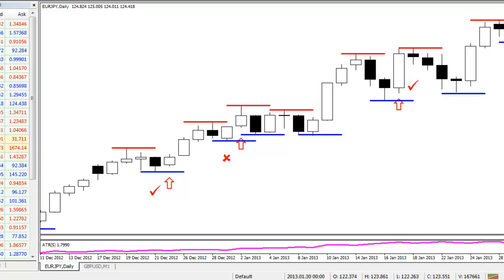So this is our entry bar, or our entry candle, and our stop loss again is going to go about 12 pips underneath here now. So we'll mark the entry point, we'll mark the stop loss, and our take profit on this trade is going to be about 200 pips, 196 pips.